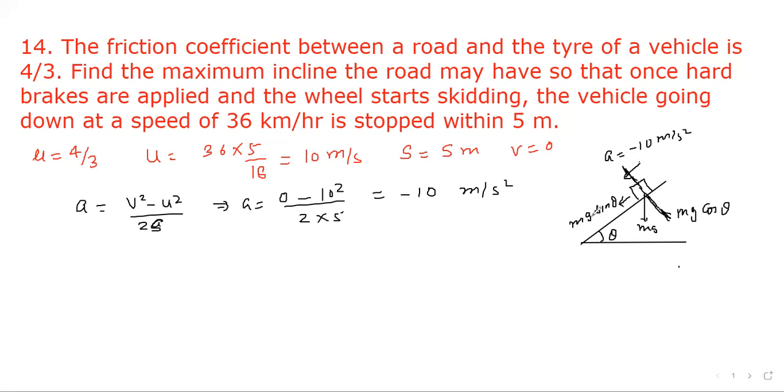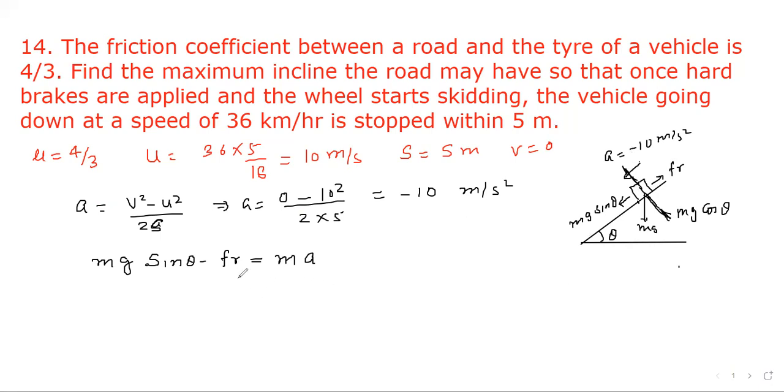So mg sine theta will act in this direction, friction will oppose it, and despite that, object will move with acceleration a. So let's apply Newton's law. So net force in downward direction would be mg sine theta minus friction, and due to this vehicle is in motion, so we can say ma.